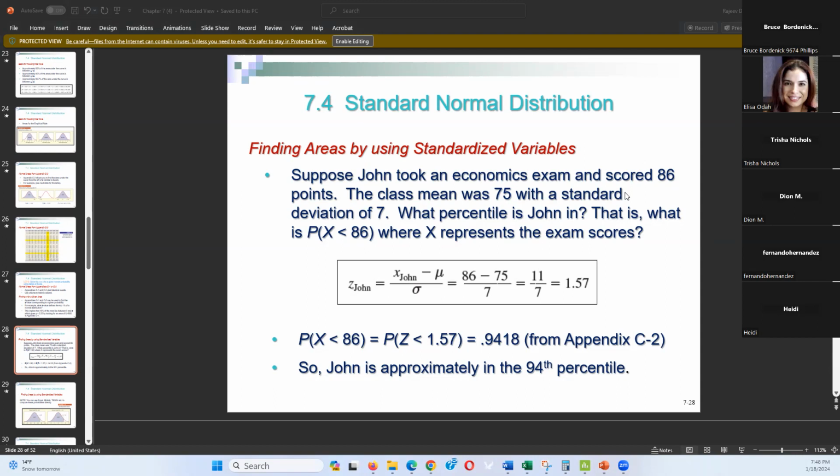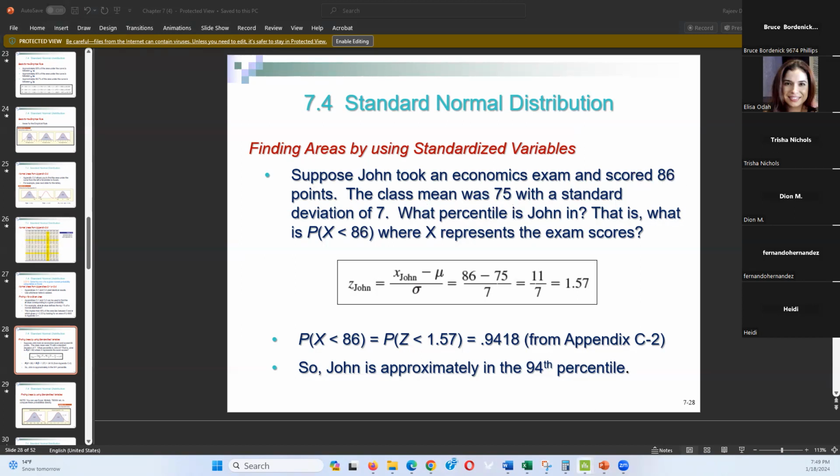If John scored 86, in what percentile will he be? You can clearly understand that the average of all the students is 75 and he has 86, so he is above 50%, but we would like to know exactly what percentile he is in.